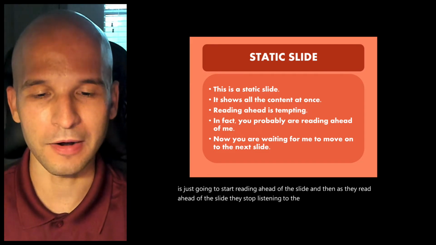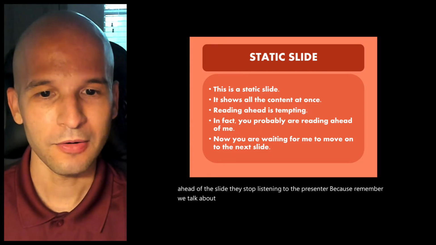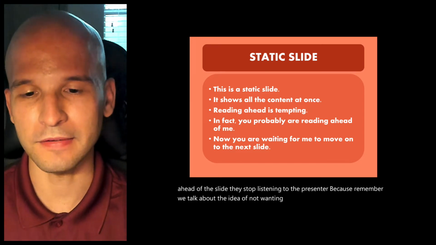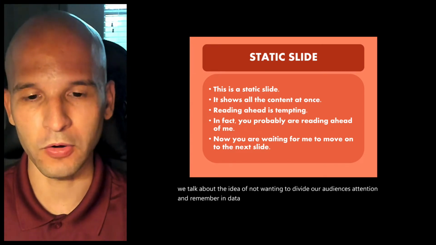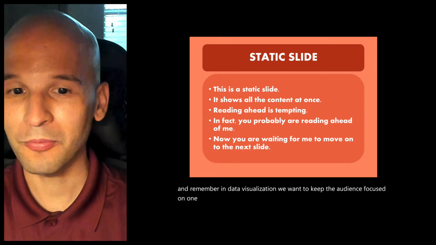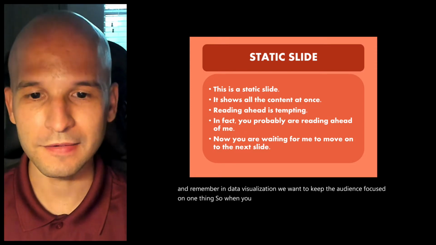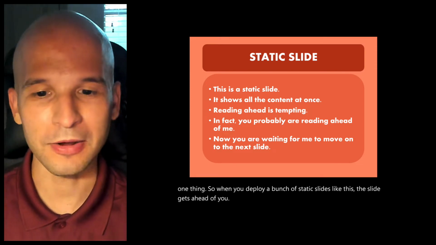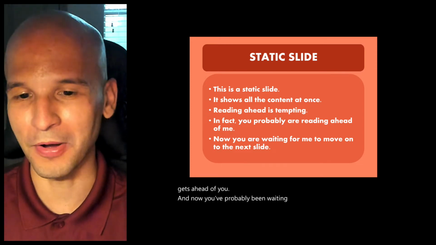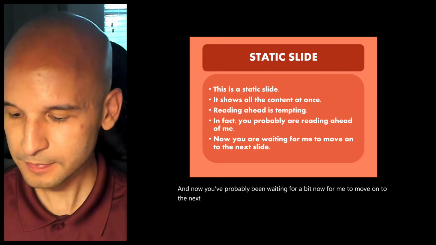Because remember, we talk about the idea of not wanting to divide our audience's attention. And remember, in data visualization, we want to keep the audience focused on one thing. So when you deploy a bunch of static slides like this, the slide gets ahead of you. And now you've probably been waiting for a bit for me to move on to the next slide.